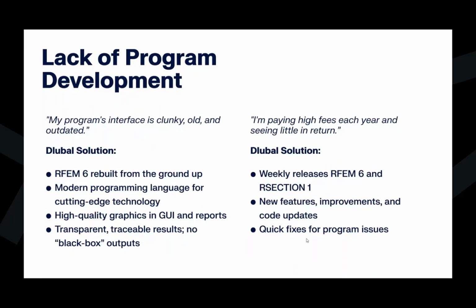This brings me to my last point: we can also output these transparent, traceable results. In older programs, we're just finding a design ratio and that's it. So we're very much moving away from black box software to provide you as the user with as much information as possible. Implementing this latest technology has allowed us to do so.